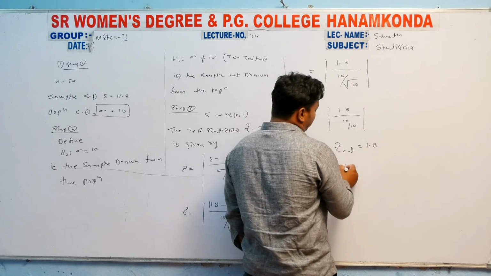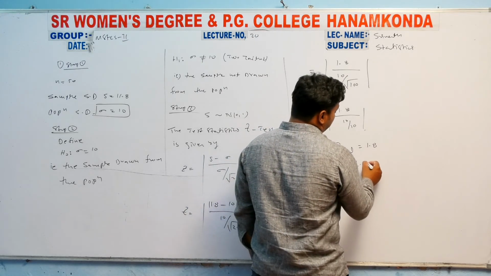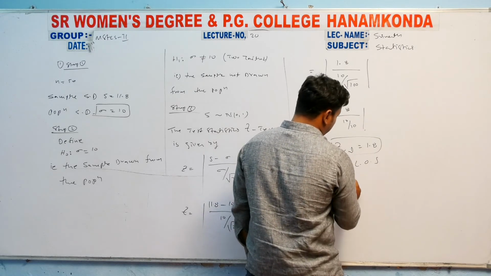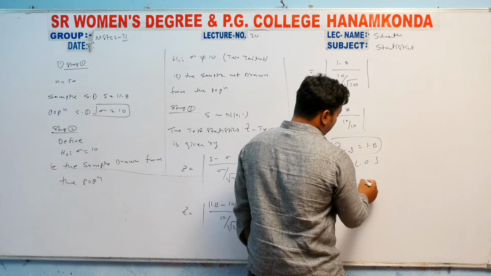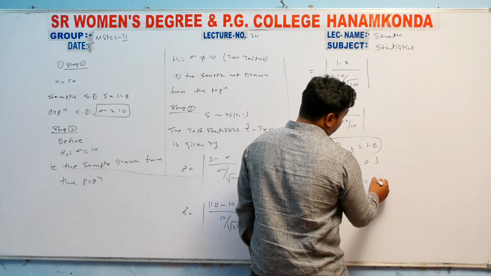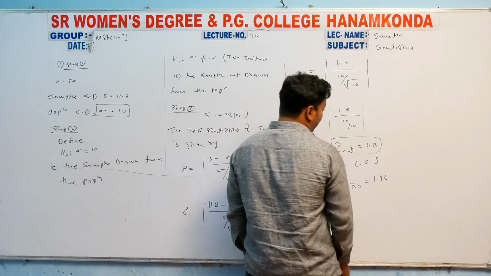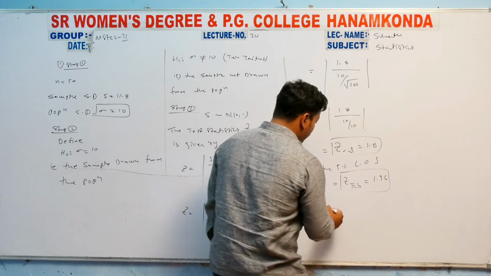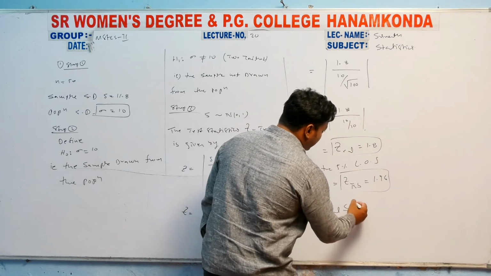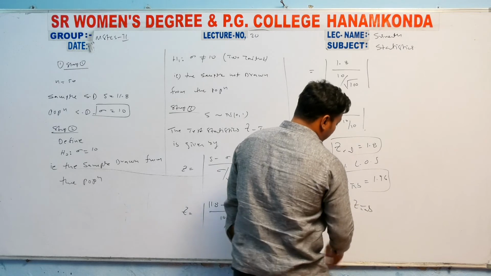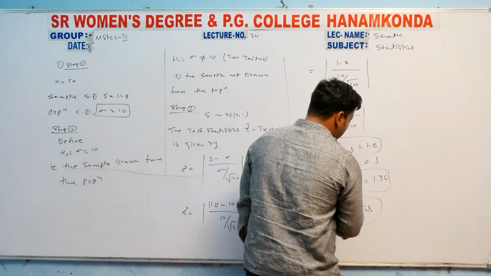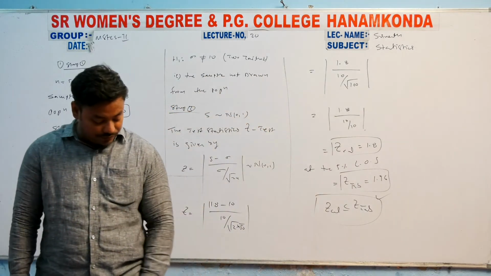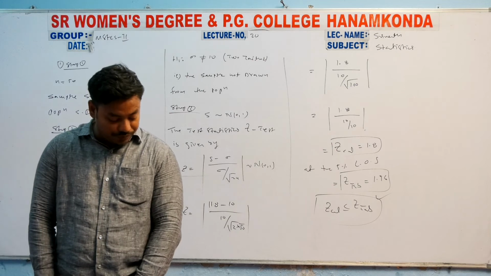At the 5% level of significance, the Z table value is 1.96. So Z calculated is less than or equal to Z table value; the condition has been proved.